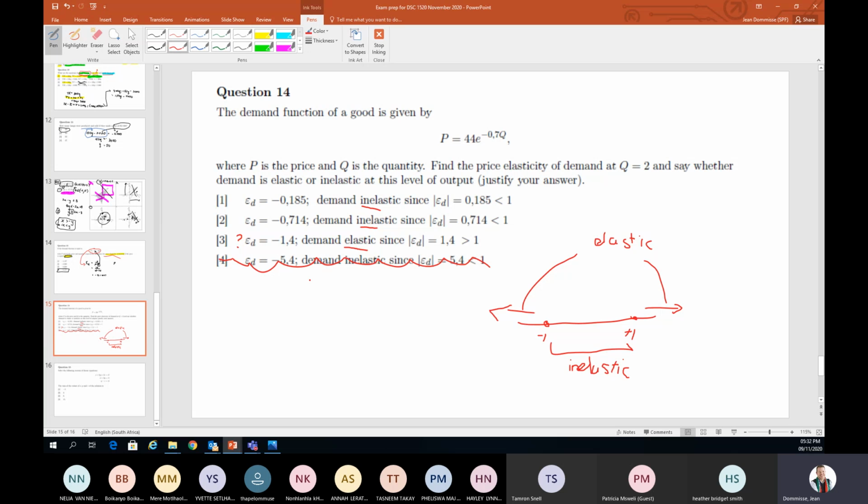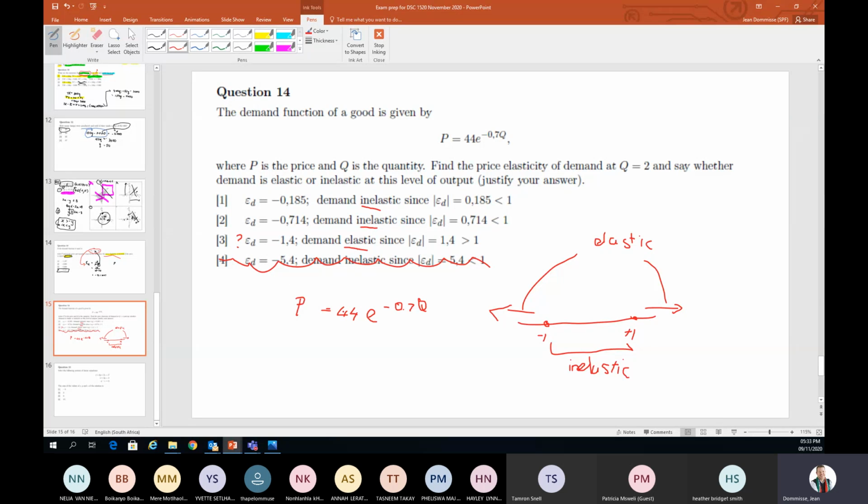Okay, so in your study guide, isn't this where you take the 44 to the other side and get ln of it? Okay, so what do I do?